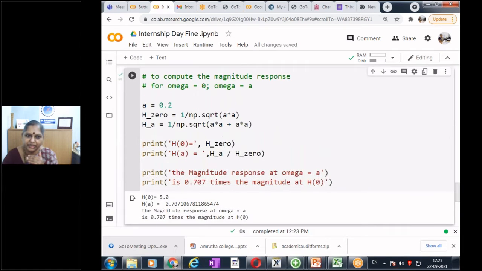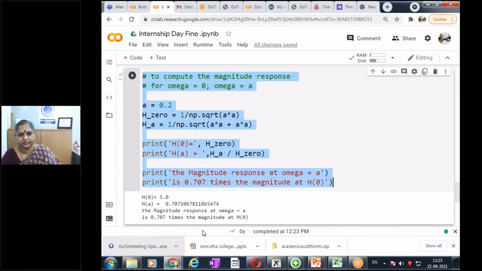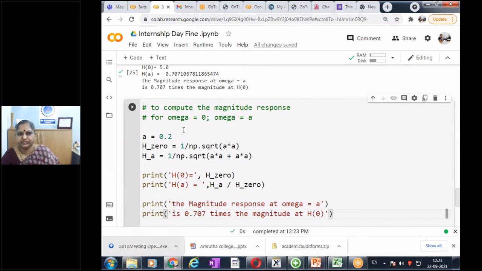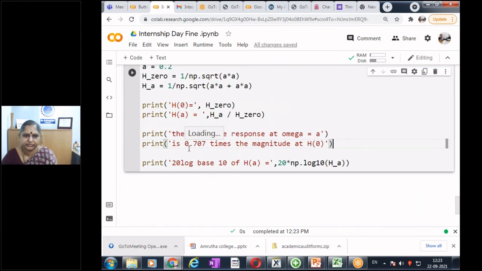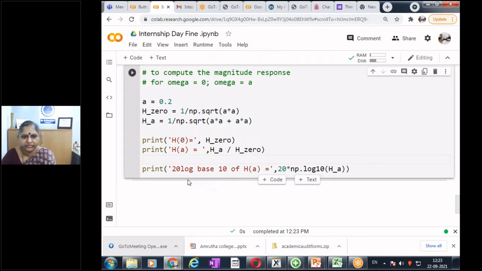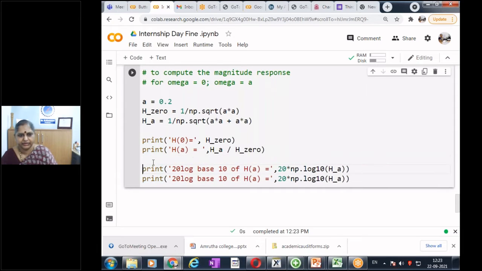So let us do the same to compute the value for omega and 0. We have 20 log base 10 of this, and of h of 0, and this is 20 log base 10 of h of 0.